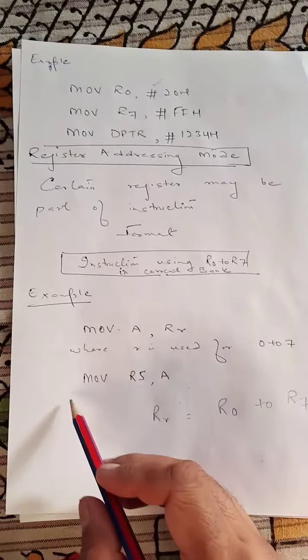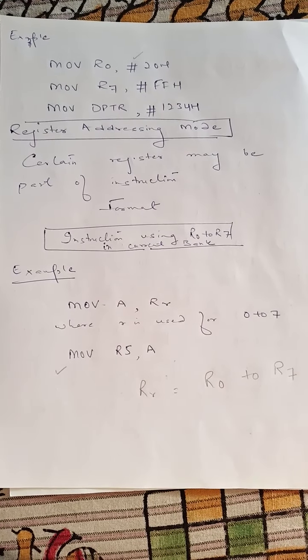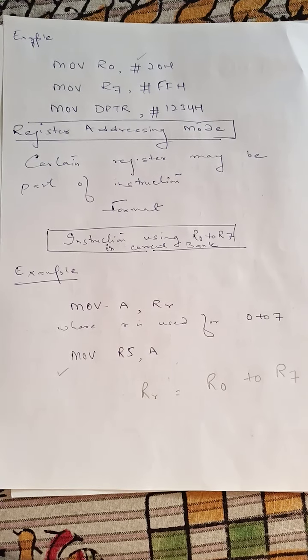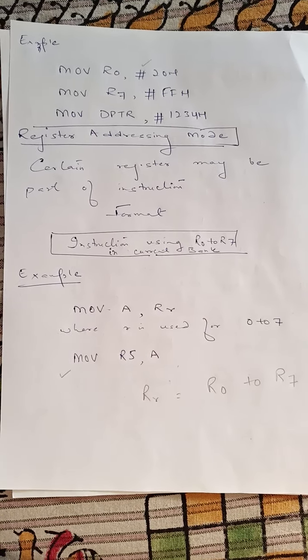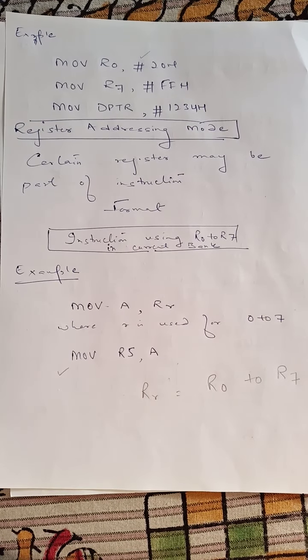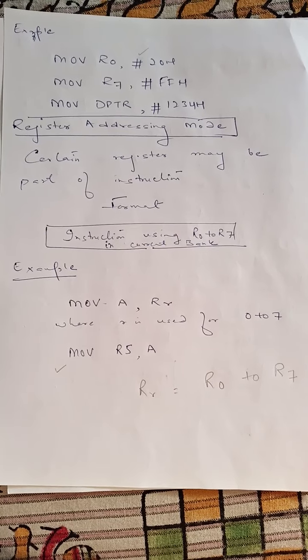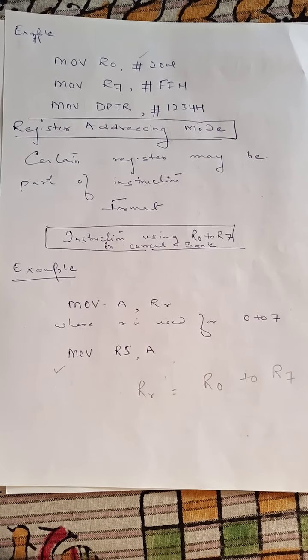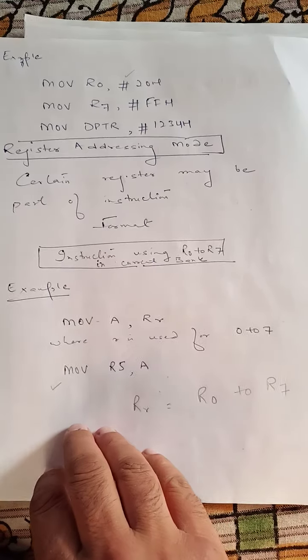So if we take this example, MOV R5, A, this means the contents of the accumulator are copied to the R5 register. Now the format for the instruction is that we are using a register, that is R0 to R7, in the current bank. It is up to the user to decide the bank.